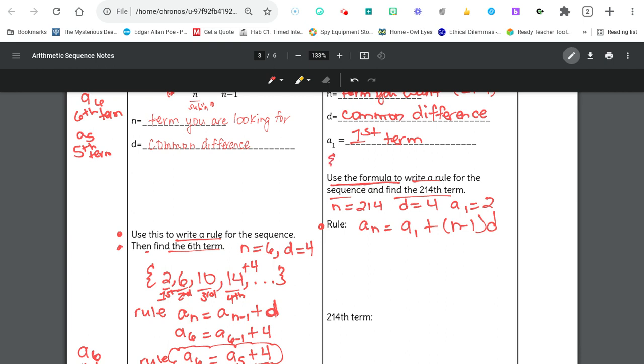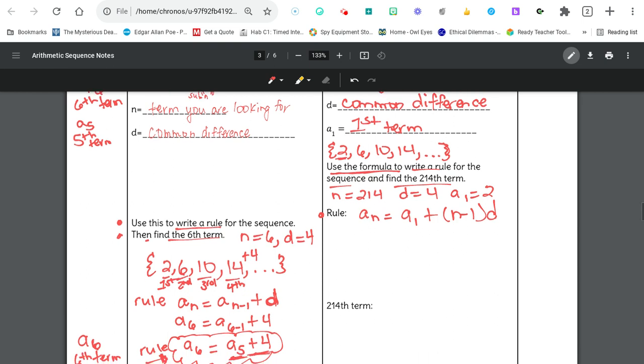And I'm going to write it right here so I don't keep looking back. The very first term is 2, so a sub 1 is 2. So now all I'll do is plug in, change n to 214. That's the term I want. The first term, a sub 1, is 2, plus 214 minus 1, times d, where d is 4. Oh, excuse me.